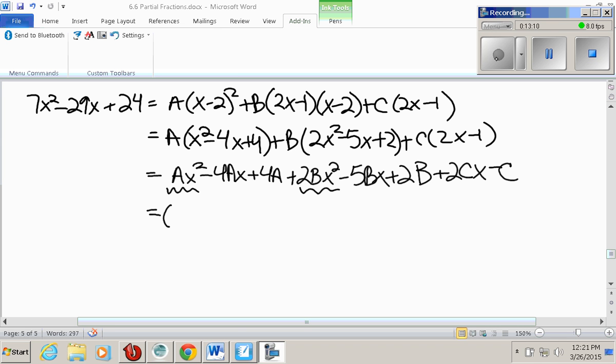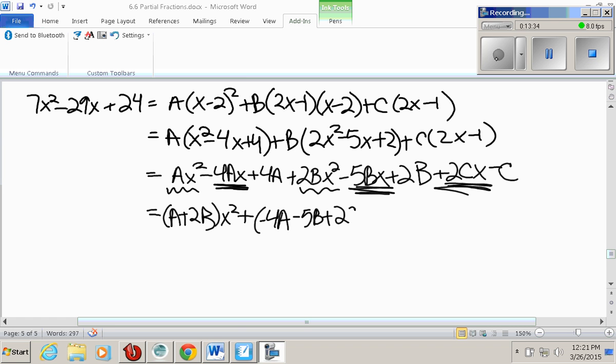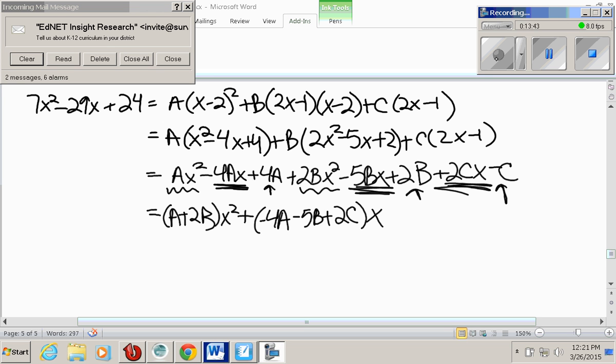So we'll combine those constants to a plus 2b x squared plus, let's look at the next. So there's an x, there's an x, there's an x. So let's combine these. And then our constants. For a plus 2b minus c.